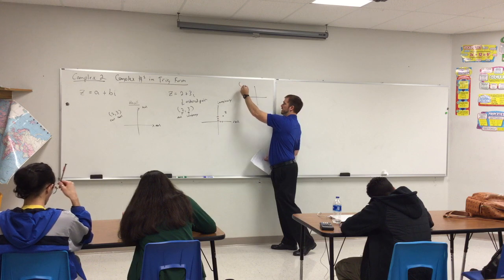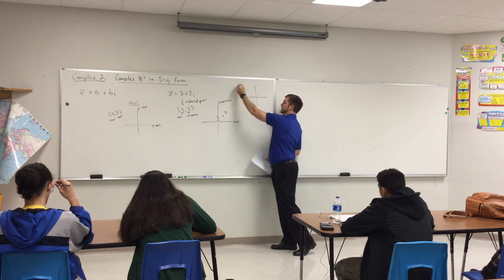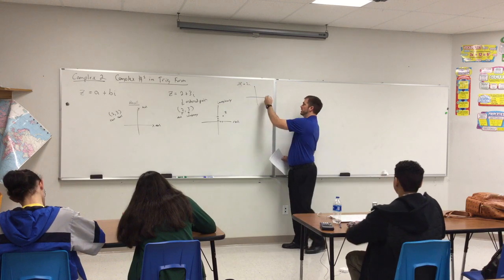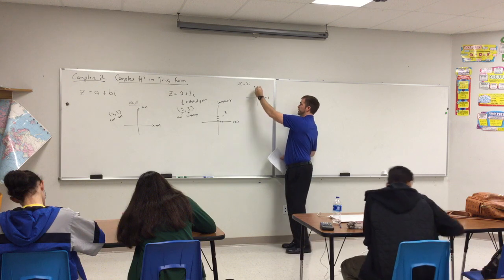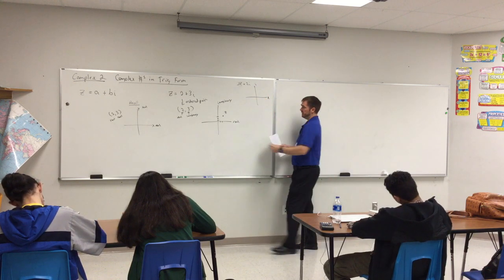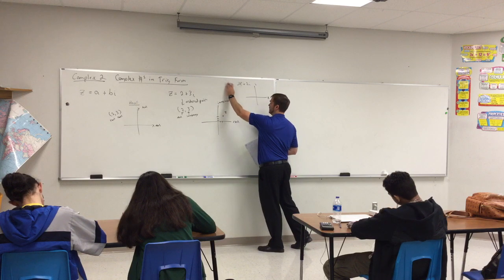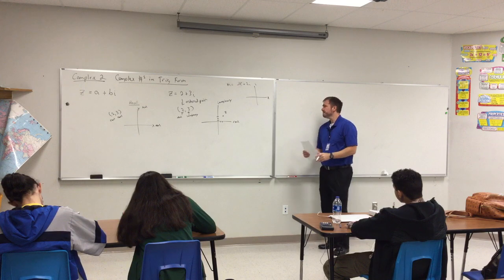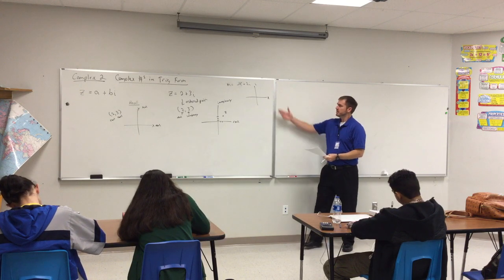Plot negative 4 plus 2i on, this is the real and this is the imaginary, and I want to call that one M. What would I do, class?